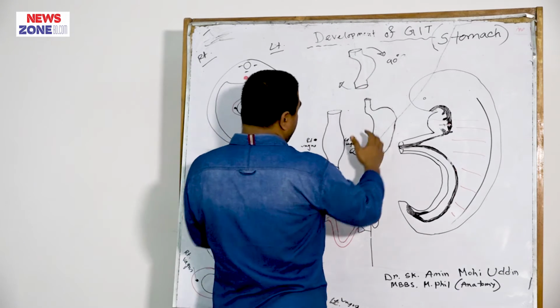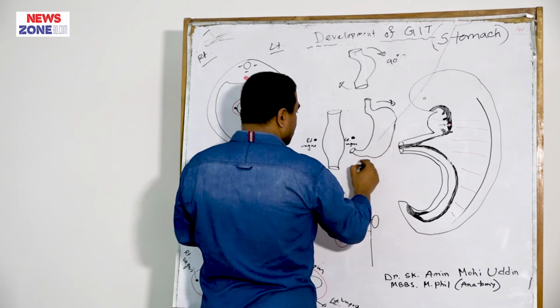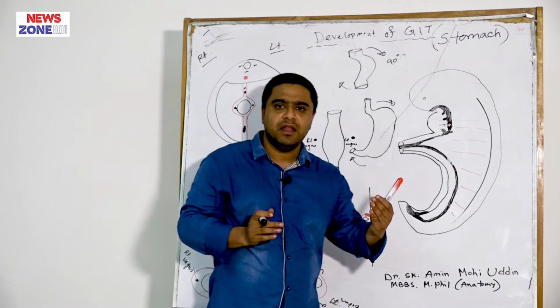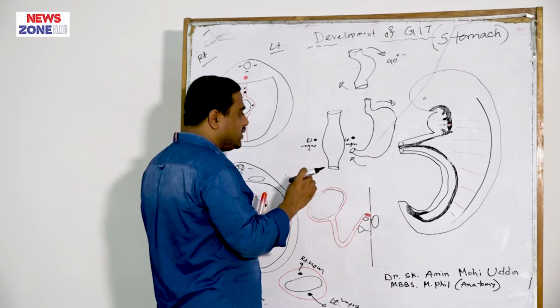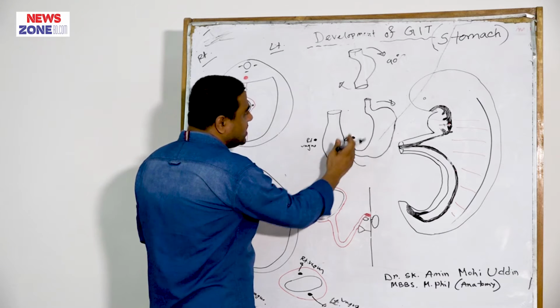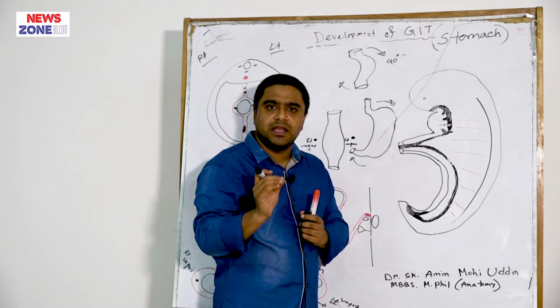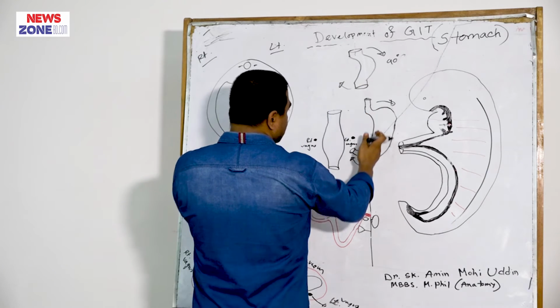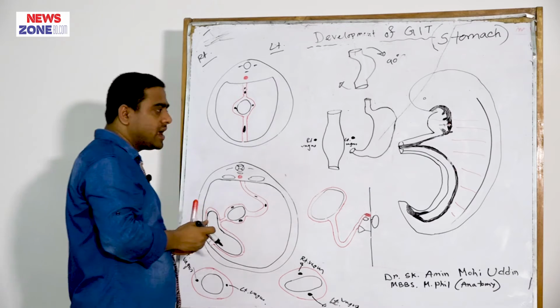When it does, the cardiac end shifts from the median plane and is directed slightly backwards and slightly downwards, and the pyloric end shifts from the median plane to the right side and slightly upwards. Now it forms the adult position of the stomach.